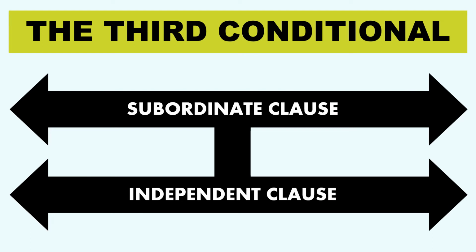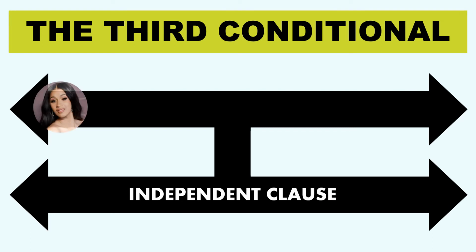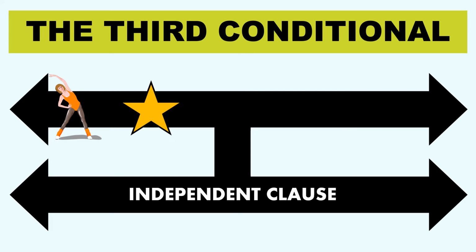Let's take a look at this on our timeline. The subordinate clause: the celebrated hip-hop star Cardi B unrealistically becomes a fitness instructor in the past instead of a hip-hop icon. Now, that is a past event. It takes place before another past event, and that is the naming of her celebrity self.